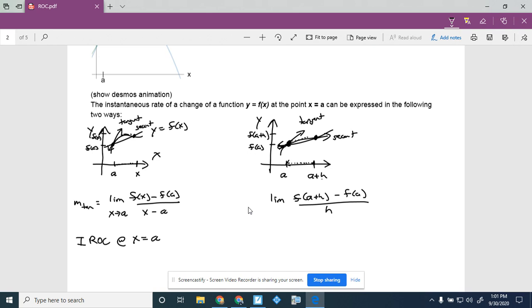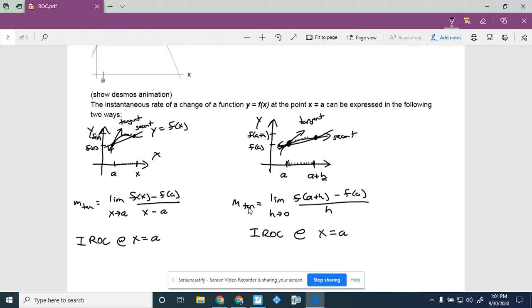What do I need to do to h to drive a plus h to a? Hopefully you're saying just drive h to 0. As h goes to 0, this point gets closer to that point, and here I go. I get what we call the slope of that tangent line, or the slope of that curve there. And again, that's going to be the instantaneous rate of change at x equals a.